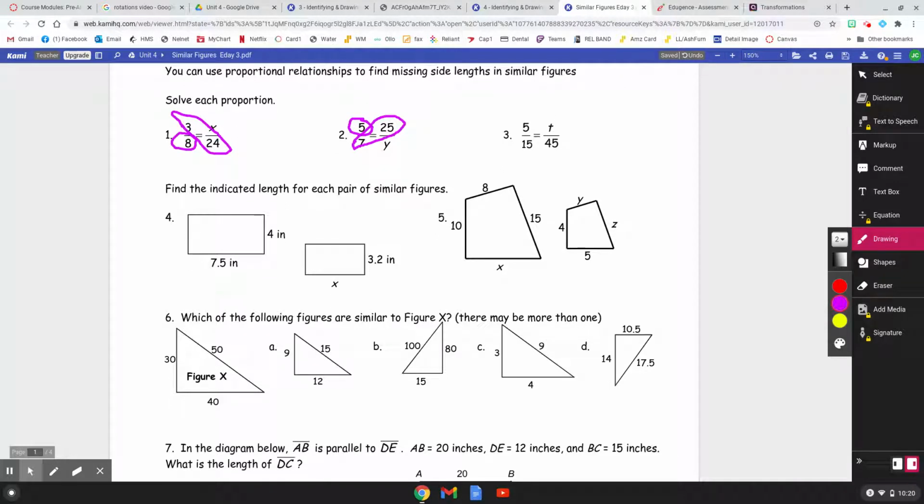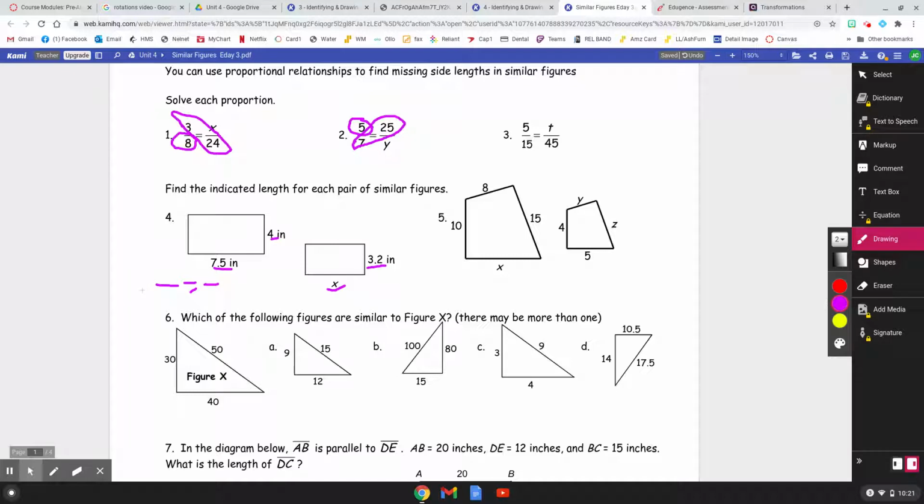Then find the indicated length of each pair of similar figures. This is what we have to make sure we understand how to do. I have this one rectangle here, and it has side lengths of 7.5 and 4. The other one is x and 3.2. We're going to set this up just like we would a proportion.